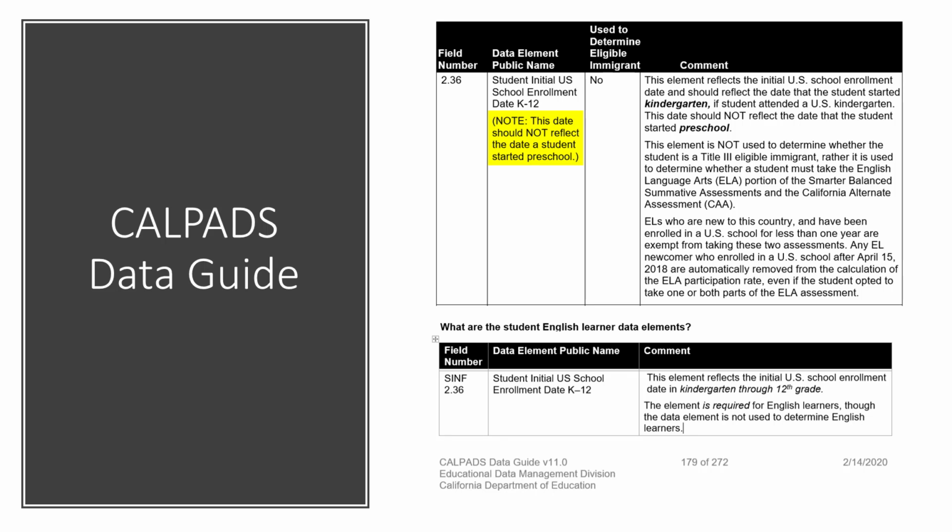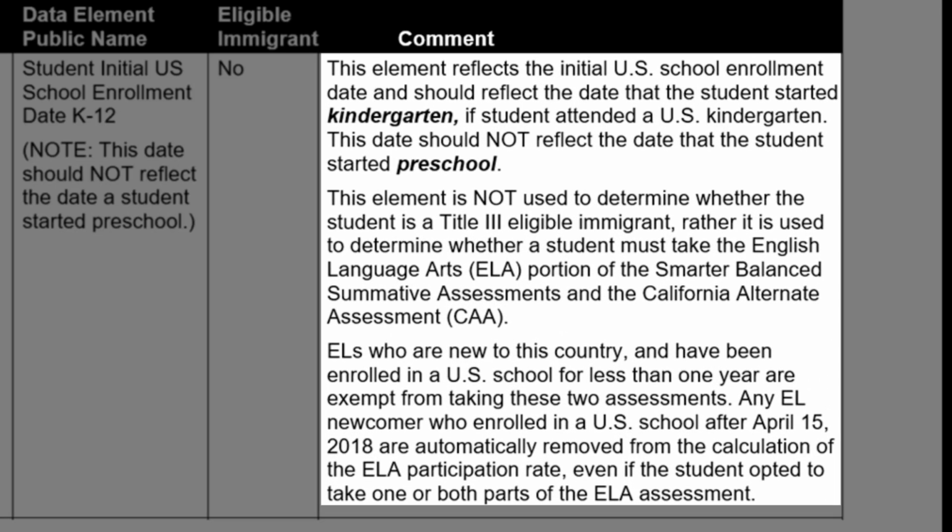And so this says, note this date should not reflect the date a student started preschool, right? In the comment, it says this element reflects the initial U.S. school enrollment date and should reflect the date that the student started kindergarten. That's in bold lettering. If the student attended U.S. kindergarten, the date should not reflect the date the student started preschool. So additional clarification is there.